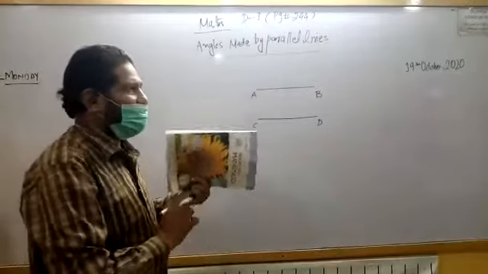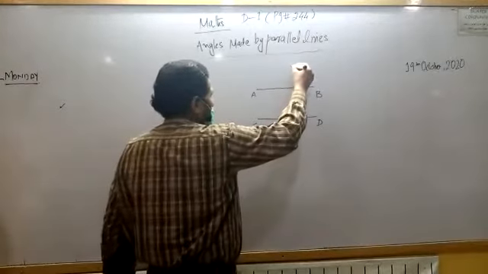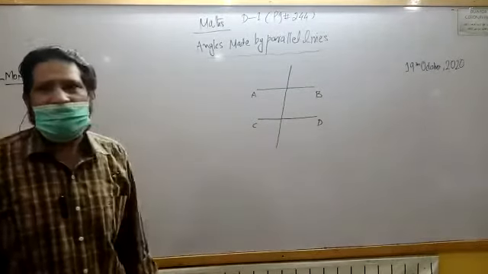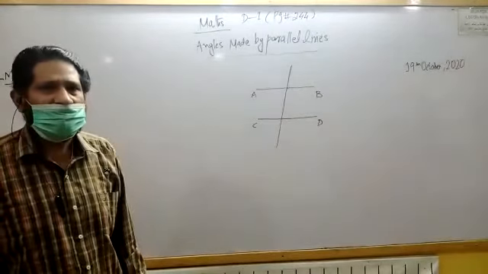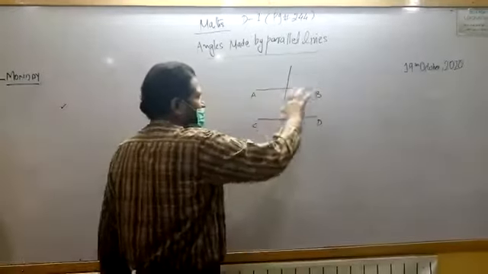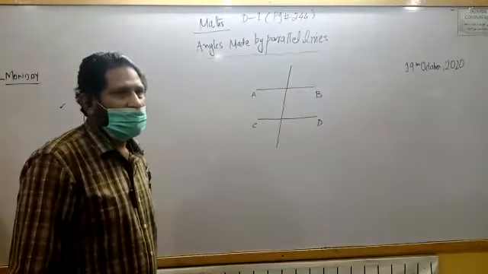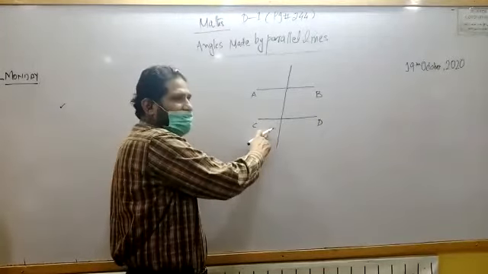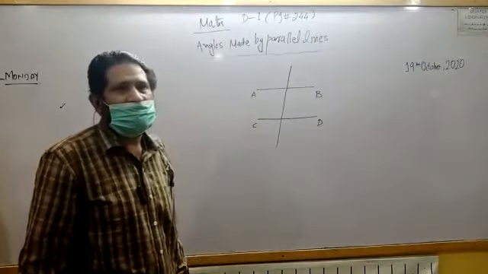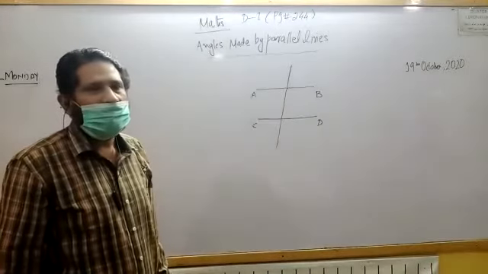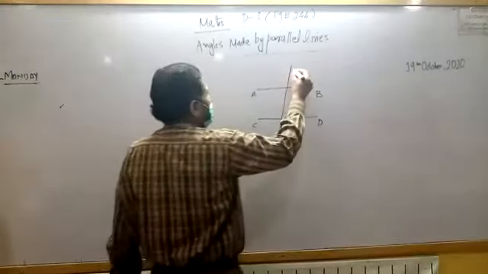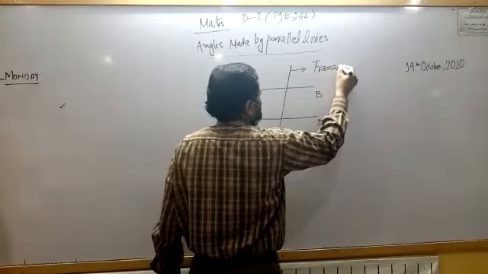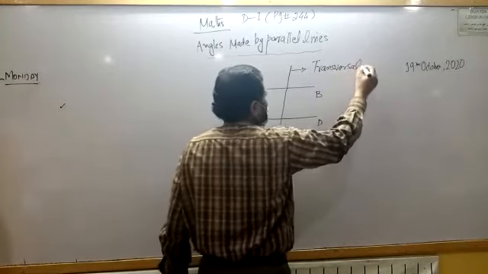So dear students, if we draw a line that intersects these parallel lines, this line makes different angles with these parallel lines. So this line that intersects the parallel lines and makes some angles is called a transversal line, or simply you can write transversal line.